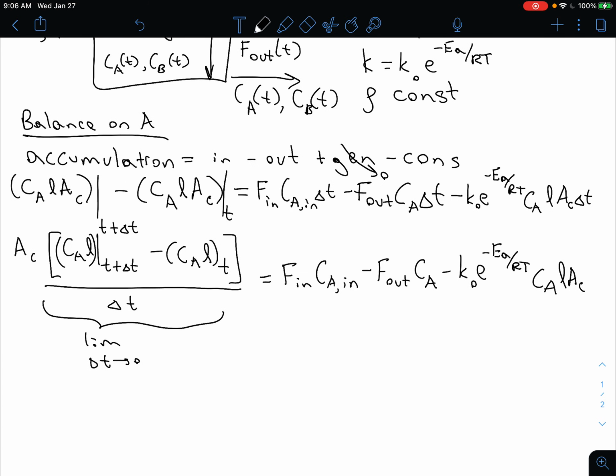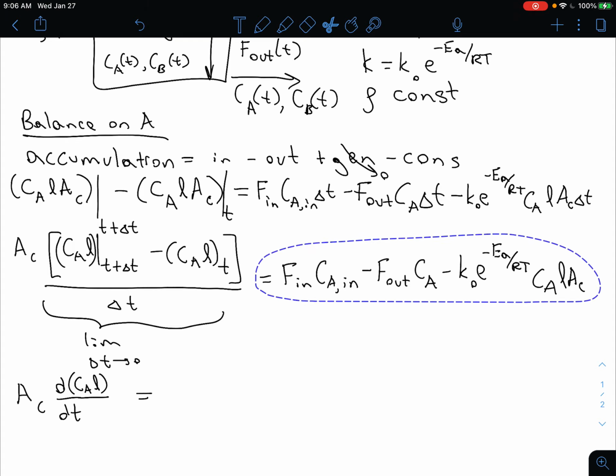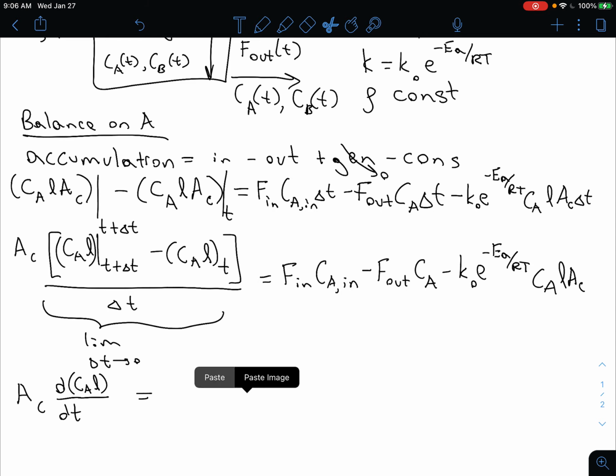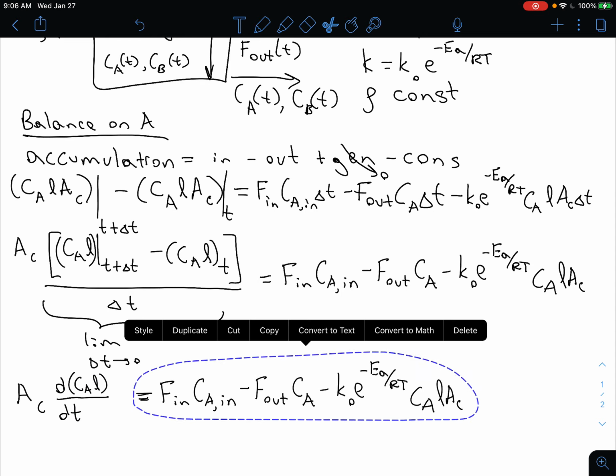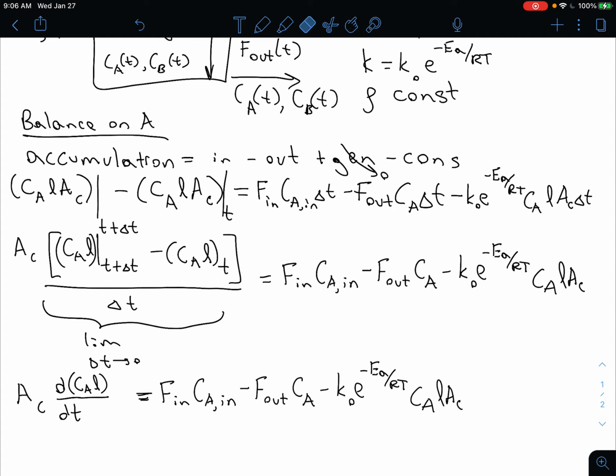What this is going to then become is AC d by dt of CAL, and this is going to equal F in, I guess I can just copy all this. Okay, let me make that look a little better.